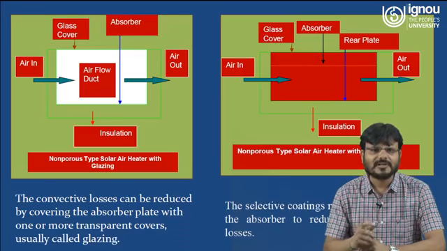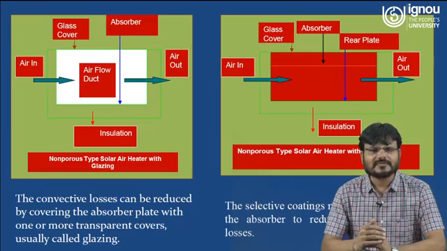Now what will happen? Air will flow above the absorber plate. Again, the phenomenon will be the same. Air will go in the chamber and come in contact with the absorber, and the heat at the absorber will be transferred to the air, and then you can collect the hot air.